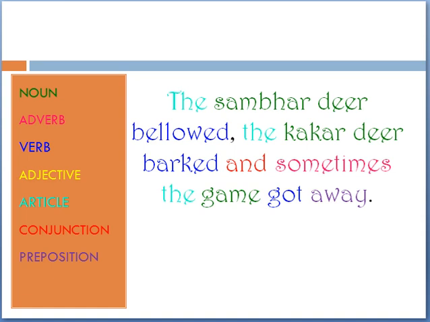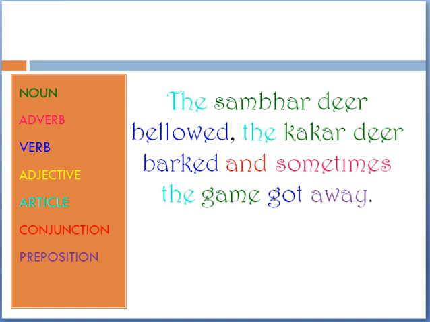So the words which tell us these things, how, when, where, how many times, are adverbs. Here the word sometimes is telling us how many times the game got away. It is telling about the frequency. So sometimes is an adverb.